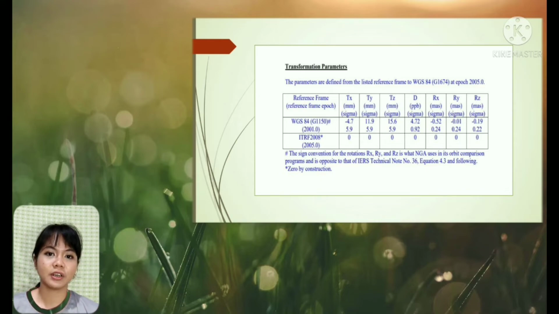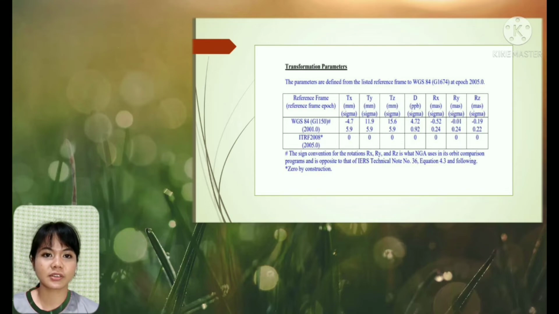The TZ of WGS84 G1150 is 15.6 and 5.9. Next in line, the D, the WGS84 G1150 has a ppb of 4.72 and 0.92, and again, ITRF 2008 is 0.